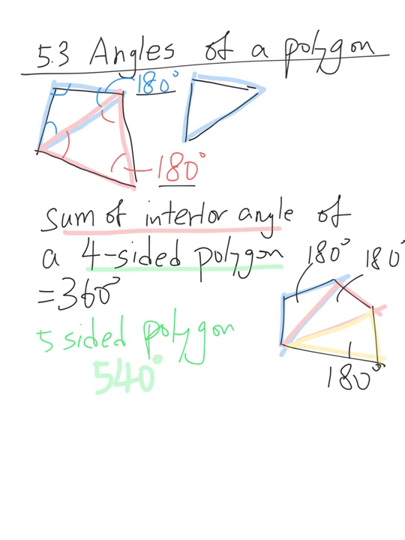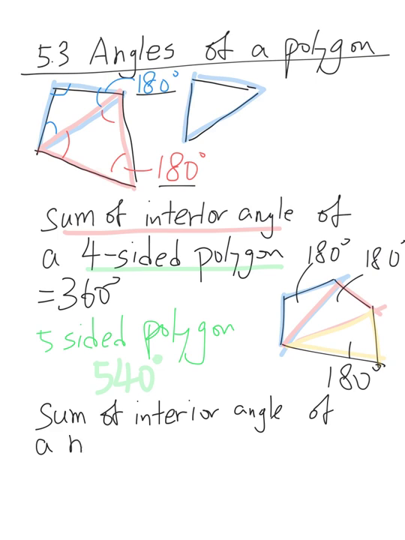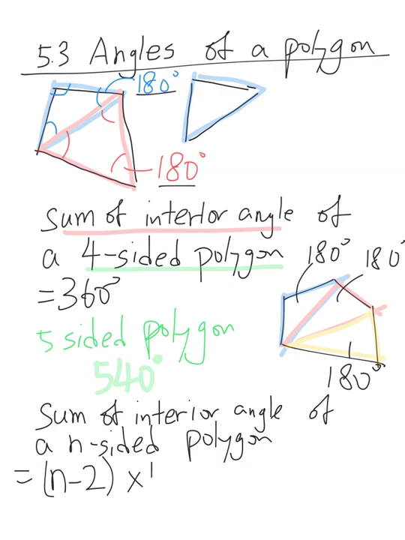So finally, if we generalize the sum of interior angles of an n-side polygon, then it will become this formula, (n minus 2) times 180 degrees.